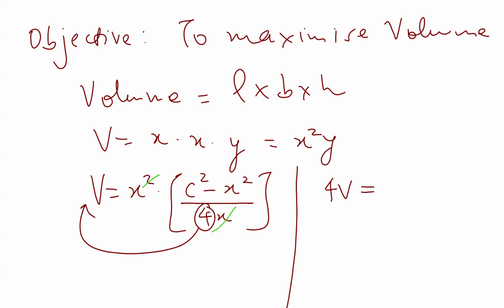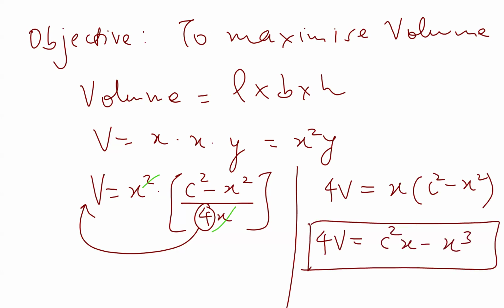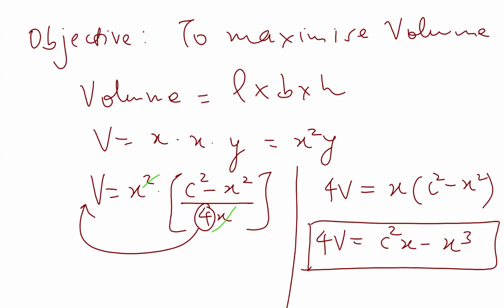So we are left with x into c square minus x square. So 4 times volume is equal to c square x minus x cube. So this becomes your f of x, a function of x. We can only move the constants to the other side. We cannot take the variable on the other side. 4 is a constant, so I took it on the other side.